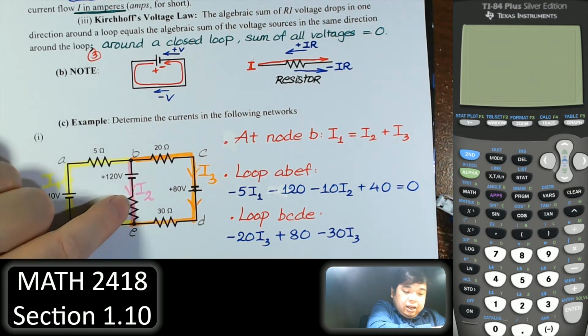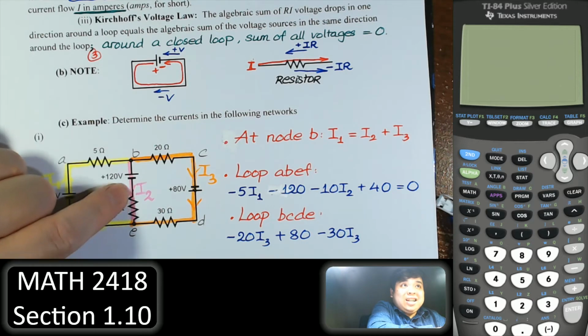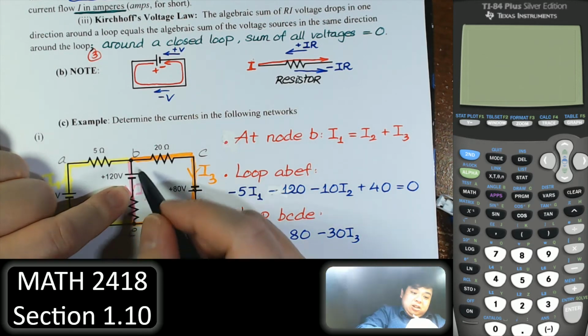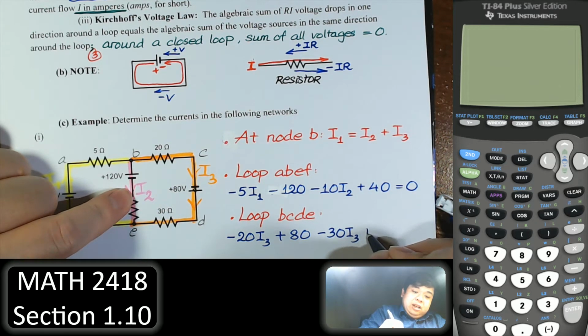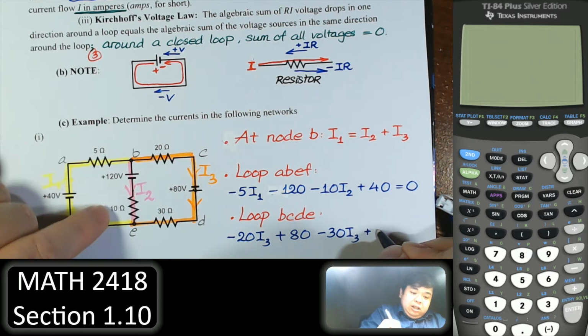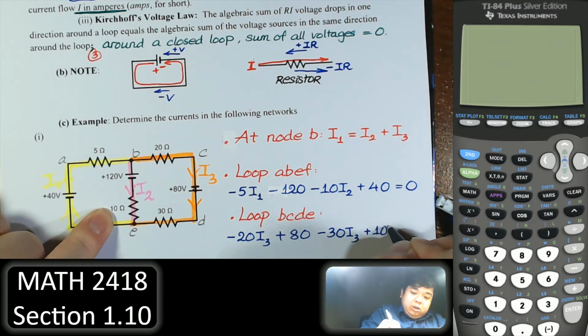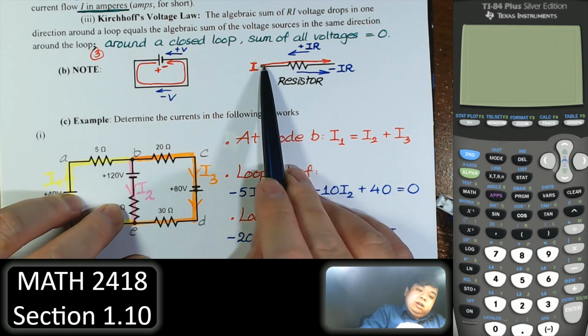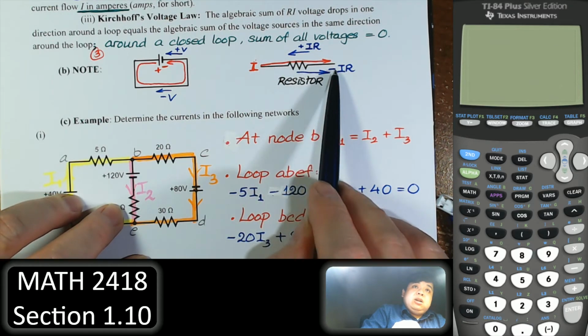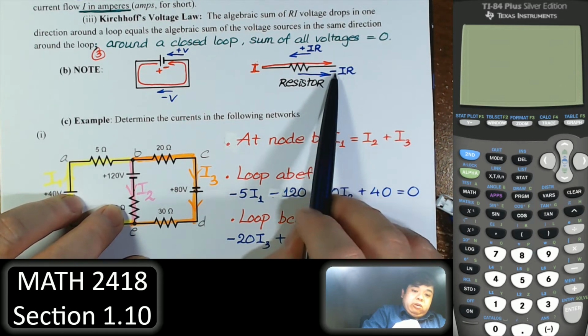And then here we go against the current, because that is the direction that we go, and this is against I2. So we're going again 10 times I2. If we go with the current, we lose voltage.